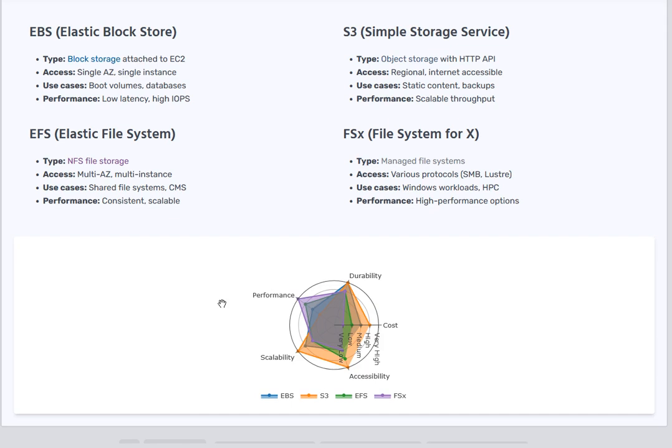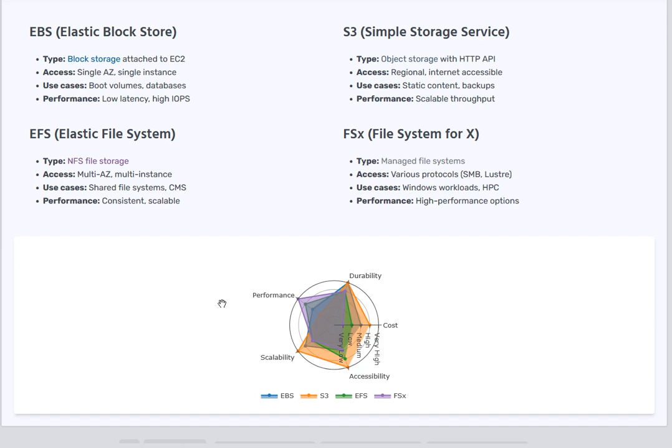Elastic File System, EFS: NFS, multi-availability zone, multi-instance, use case shared file system, CMS, performance consistent and scalable. So these ones are mainly accessible from multiple instances. That's the major difference between EBS and EFS.